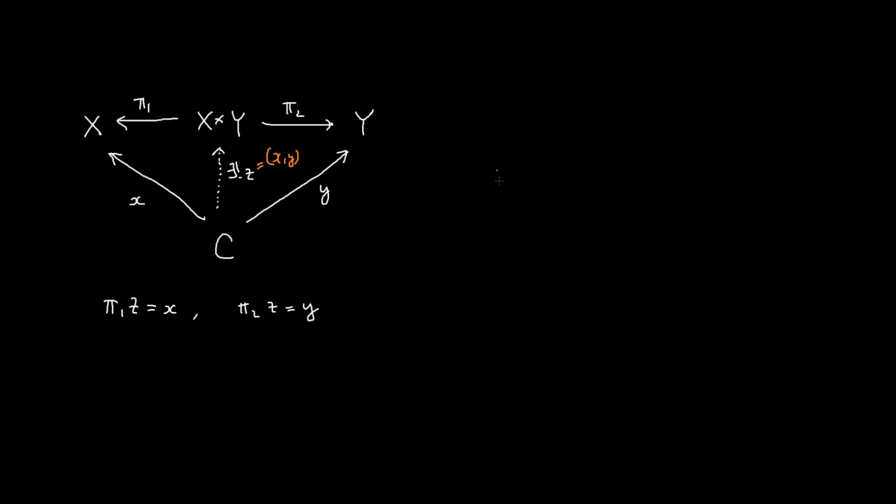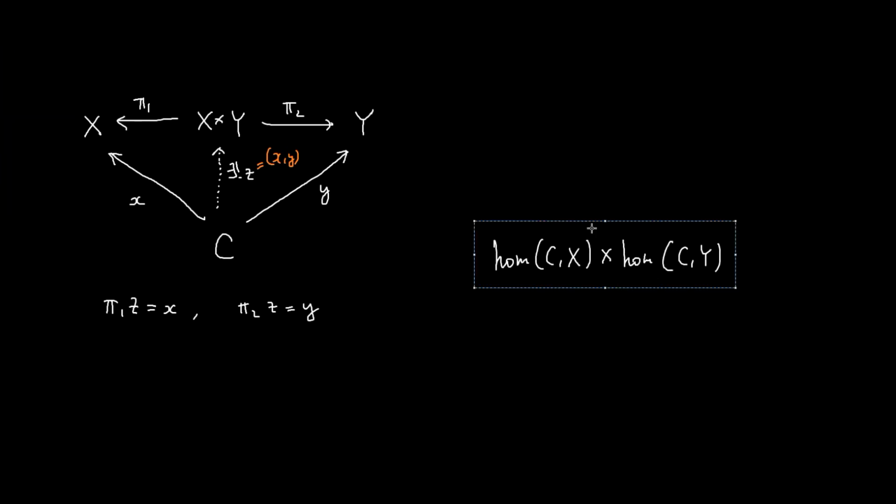So this analogy can actually be formalized nicely. What I'm trying to say is that requiring this condition is equivalent to the following. We take Hom_C(-, X), we take its Cartesian product with Hom_C(-, Y), and then we take Hom_C(-, X × Y).